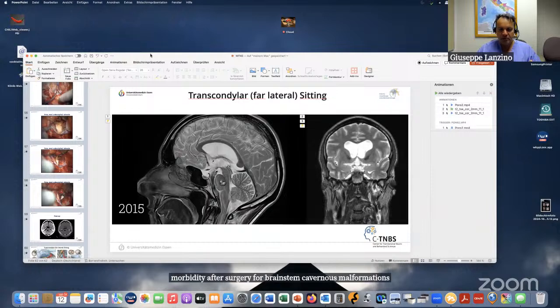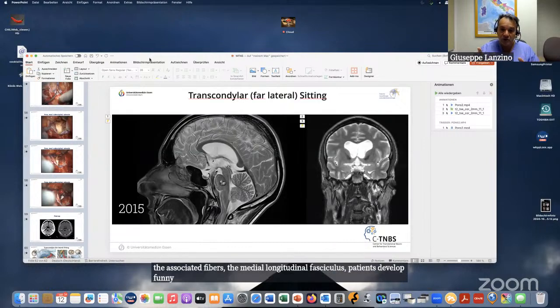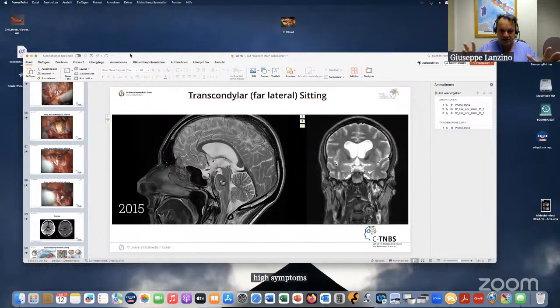it doesn't seem to be related to long tracts. It's not hemiplegia or hemiparesis. It's not so much specific cranial nerves, but mostly the associated fibers, the medial longitudinal fasciculus. Patients develop funny eye symptoms and a constant sense of disorientation in space.